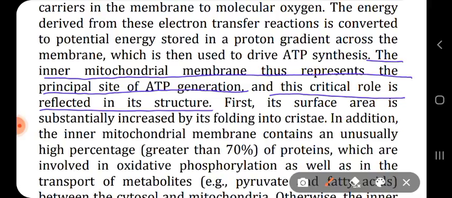Now, first, about the inner mitochondrial membrane: its surface area is substantially increased by folding into cristae.